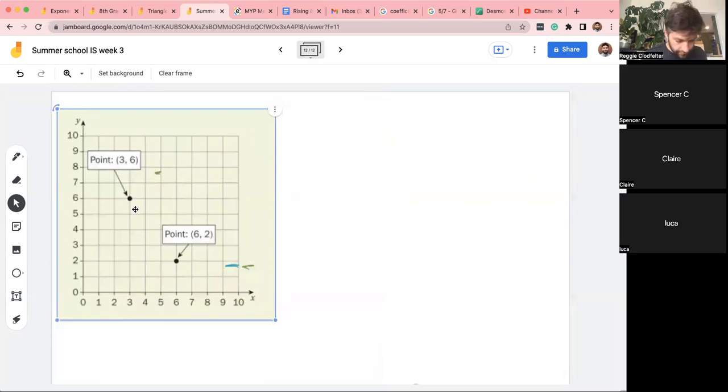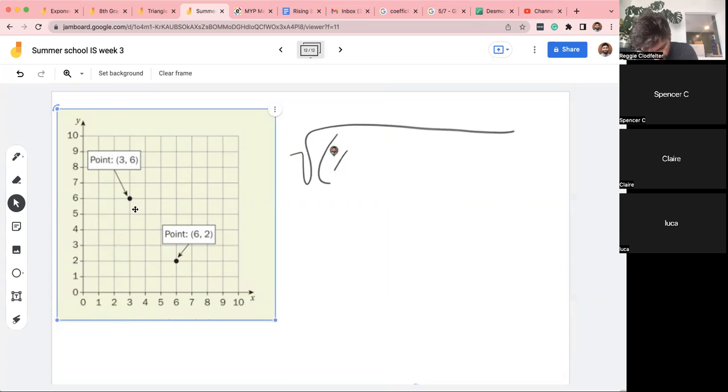So the distance formula is the square root of x1. That just means the coordinate of my first x point. Either point can be your first point, you just select one, minus x2, the coordinate of my second x point, and that answer squared.